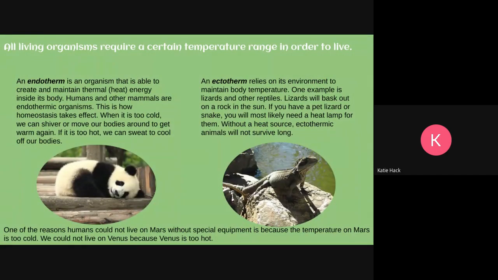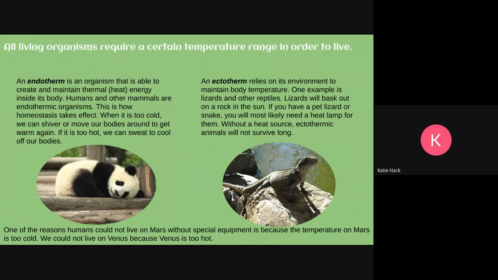All living organisms require a certain temperature range in order to live. You have the endotherm, and that is an organism that can create and maintain thermal energy inside its body. Humans, really any mammal, are good examples of endotherms. Although we still cannot live in temperature ranges that are too high or too low, we can withstand some variation.